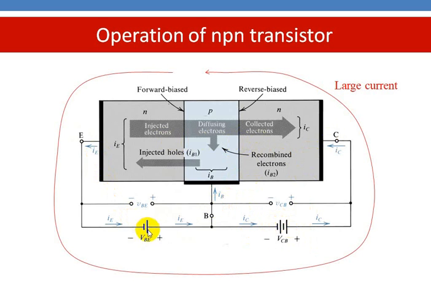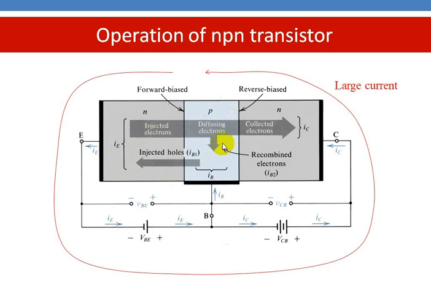When you apply this voltage VBE, the negative terminal is connected to the N region and the positive terminal is connected to the base region. Because of this negative voltage, electrons will be injected from the N region into the P region. We have to remember that the hole concentration is very much less as compared to the electrons present in the N region, because the base is a thin layer.